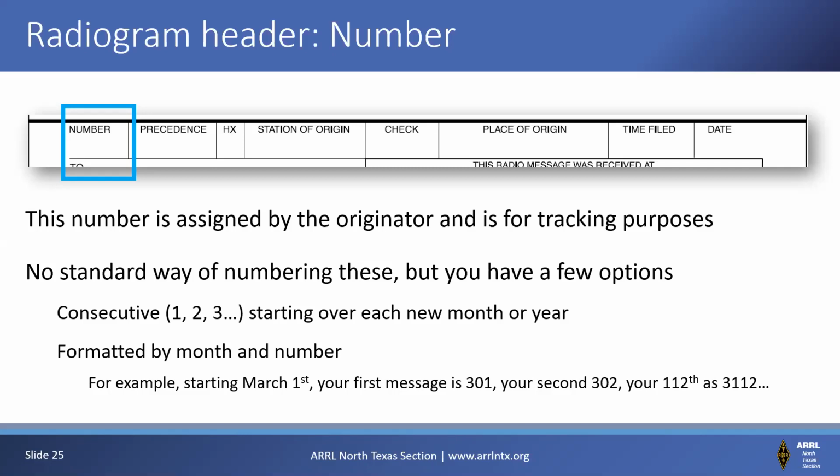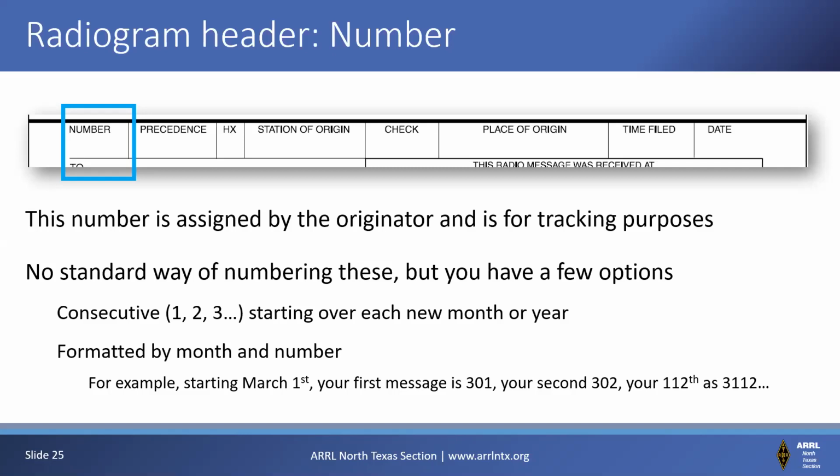There's no standardized way of doing this. I started with 1, and then my second one was 2, and my third was 3. Some folks will go by the month. So if it's March and it's their first one, they'll go 301, and the next one would be 302, and when it's July, 701, 702. It's however you want to do it.